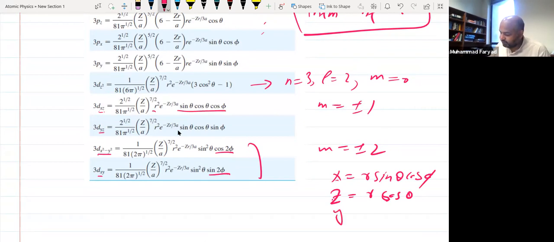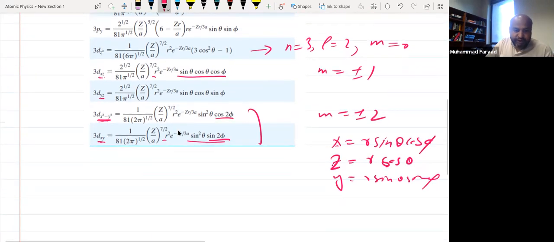Similarly, y is r sine theta sine phi, and xy is just this product of x and y and so on. But we'll see that these subscripts are helpful actually in more ways than simply this labeling. They also help us in visualizing these orbitals.